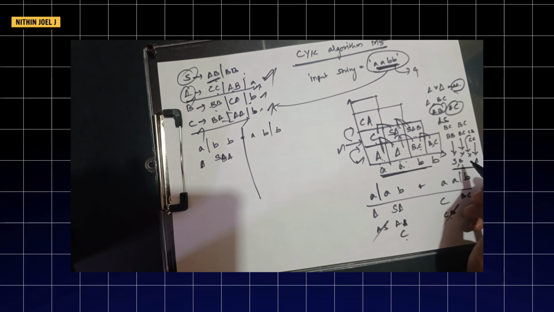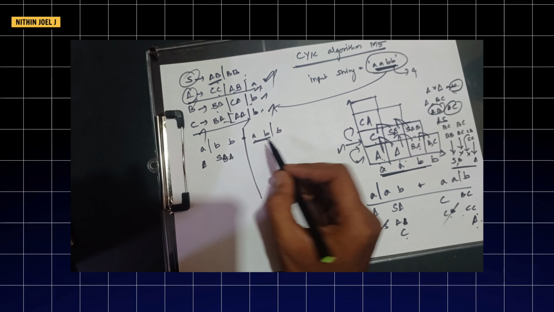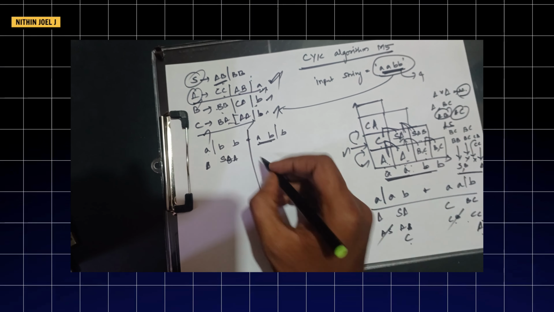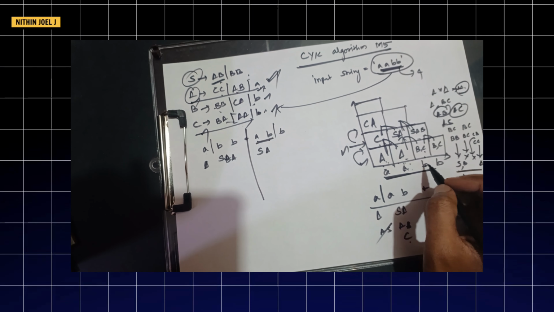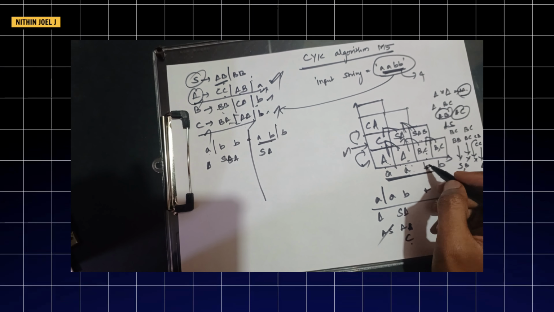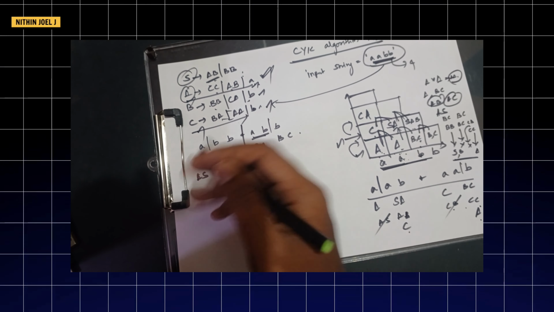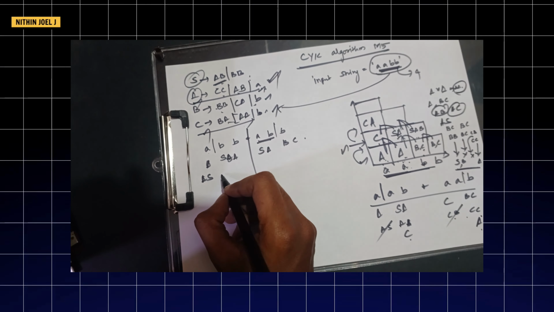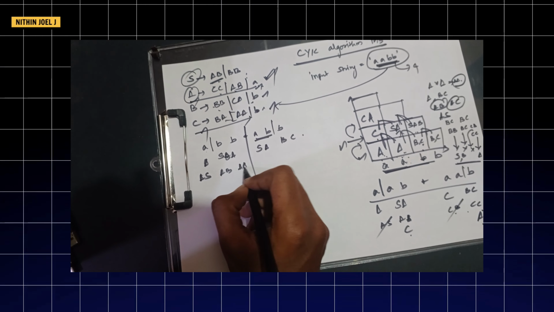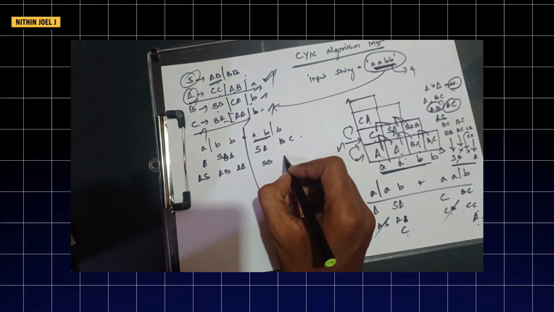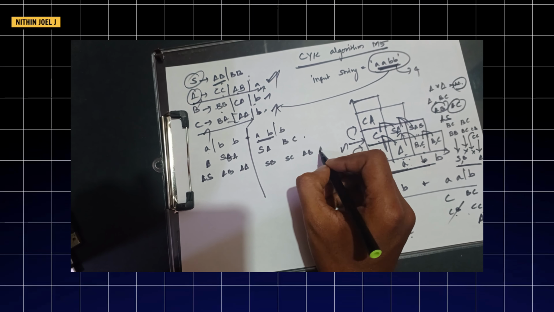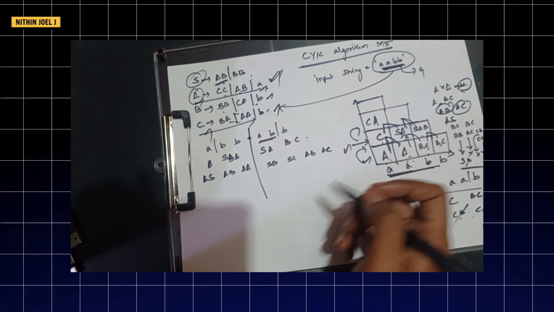Now for AB, let's check. For A, we have S and A, and for B, we have BC over here. So once we do the cross product over here, we might get AB, AA, SB, SC, AB, AC.